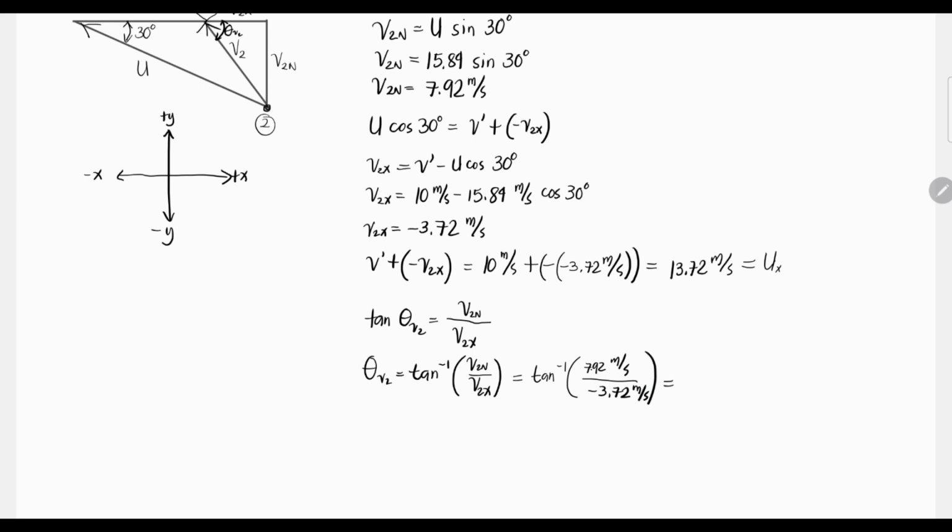That is equal to negative 64.84 degrees. So, bakit negative yung ating angle? Kasi, dito siya galing. Dito siya galing.